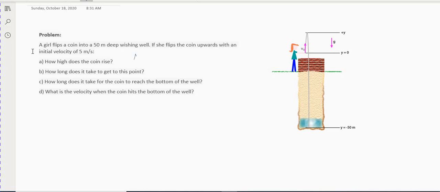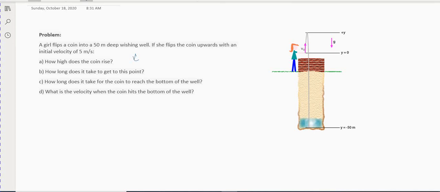So we're talking about this highest point, and it says how long does it take the coin to reach the bottom of the well. It says what is the velocity when the coin hits the bottom of the well. So let's see if we can tackle this question.